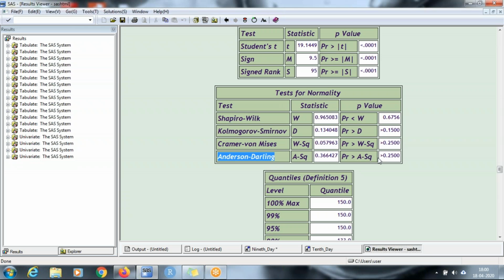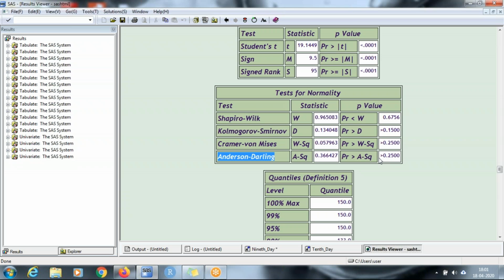Now this is saying your p-value is 0.25, which is more than 0.05 if we're taking the confidence level as 95%. Yes, this is on a 95% confidence level.